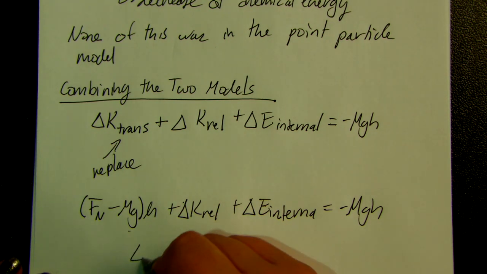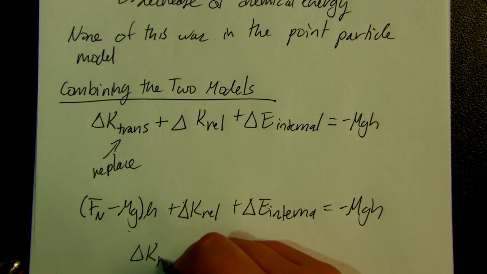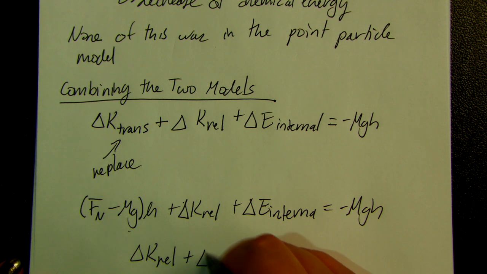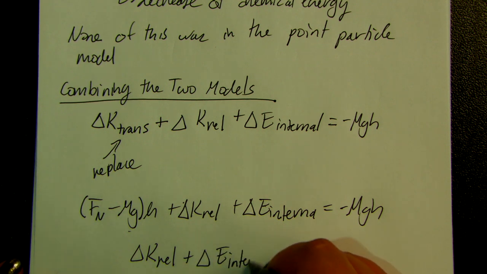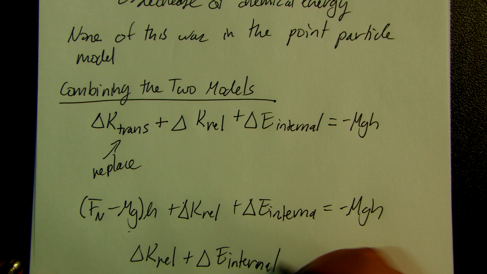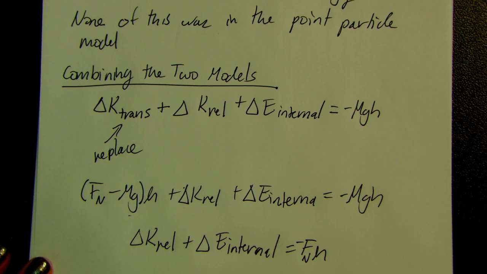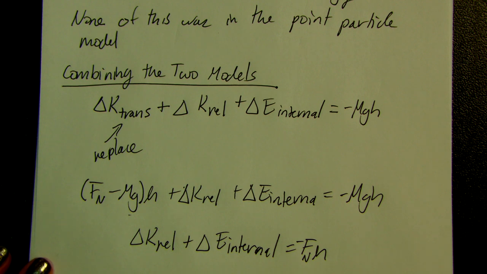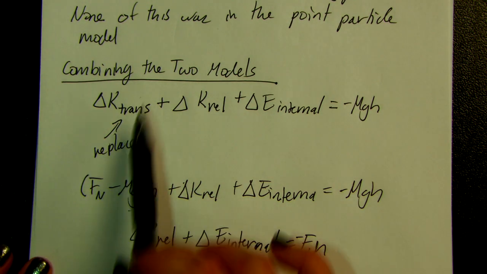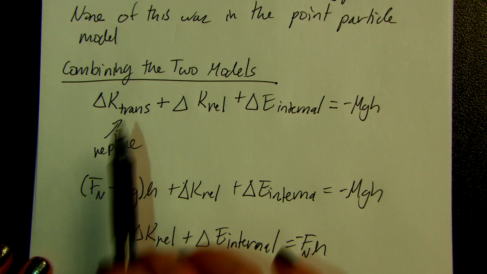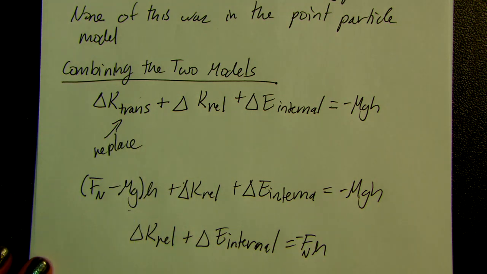Therefore, delta K relative plus delta E internal is equal to minus the normal force over the height. And that's as far as we can go with this setup. This is all theoretical, just to help you see what you can learn. And we wouldn't have been able to make this connection if we hadn't done the point particle model first. We needed both systems to get this result.